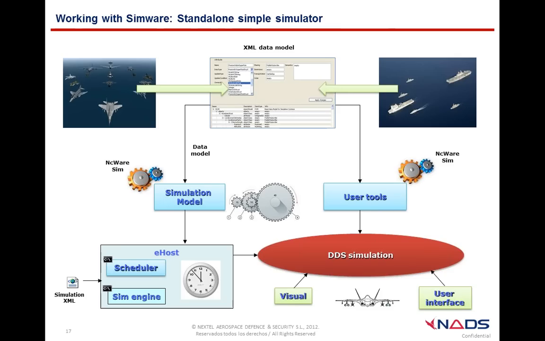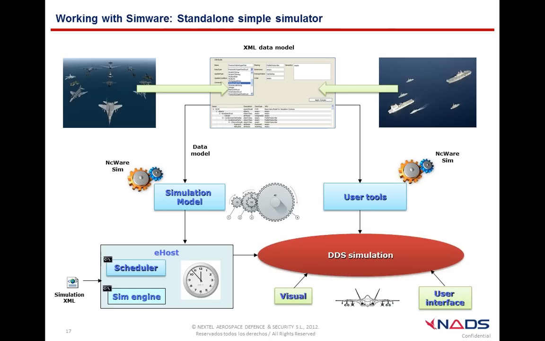Here you have your data, you model your data, you put this data HLA style in our tool, and we will make for you a library with this data model. Then with Simware SIM, you can add your own simulation models. For example, you have simulation models that are legacy, made for another simulator.